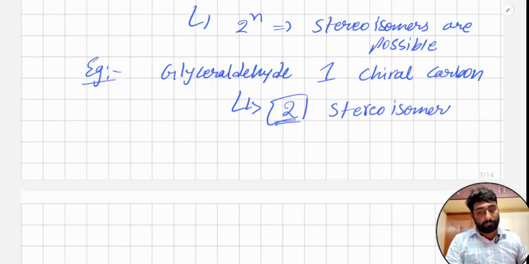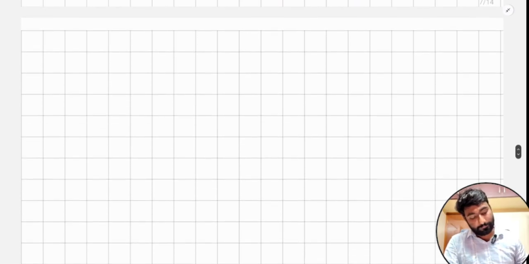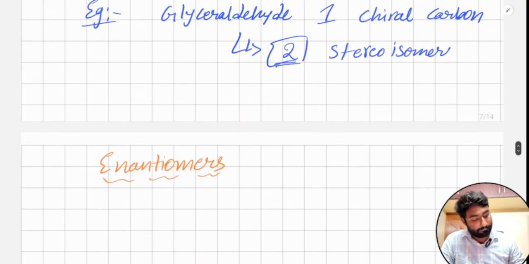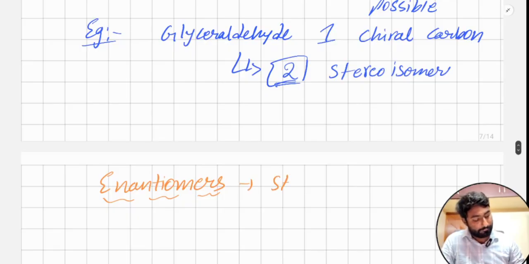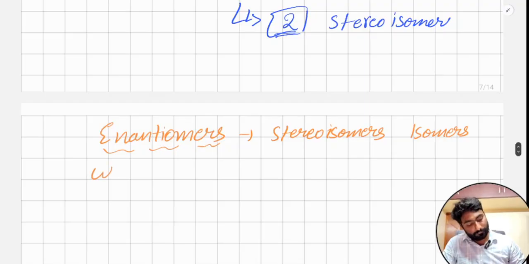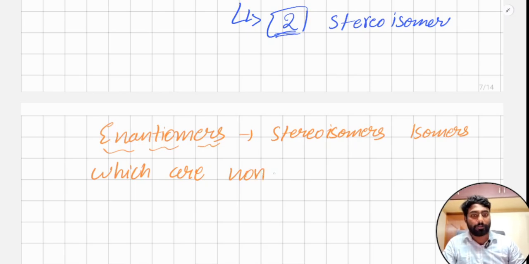Okay. Now we'll discuss enantiomers. Enantiomers are stereoisomers which are non-superimposable mirror images.